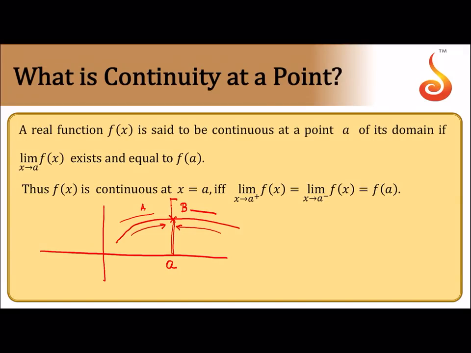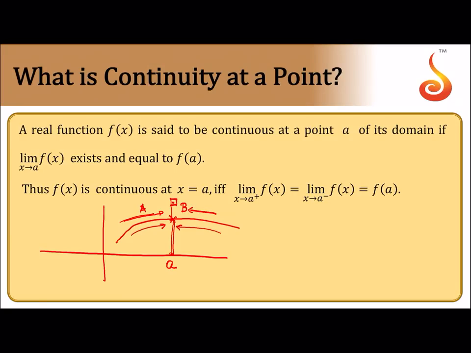Okay, I'll take a practical example. Mr. A is coming from this direction. Mr. B is coming from this direction. They want to meet at a point where a flag post is. A doesn't know B, B doesn't know A. They have both decided that they will meet at the flag post.